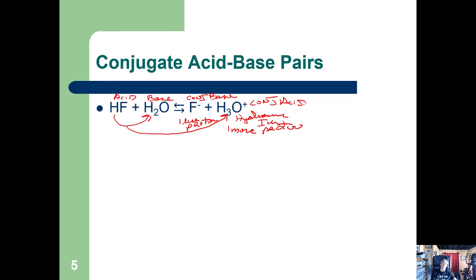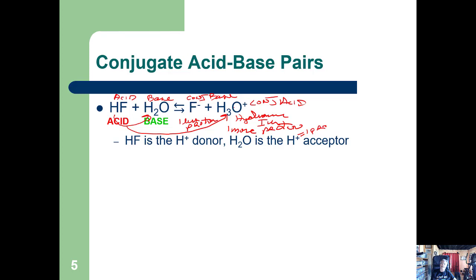Conjugate bases have one less proton, conjugate acids have one more proton, and they have the anion in common. Okay? All right, so HF is the proton donor, water is the hydrogen ion acceptor. Hydrogen ion is our proton, because remember, take an electron away from a hydrogen atom, and all you have left is the proton. There are no neutrons in the nucleus of normal hydrogen.